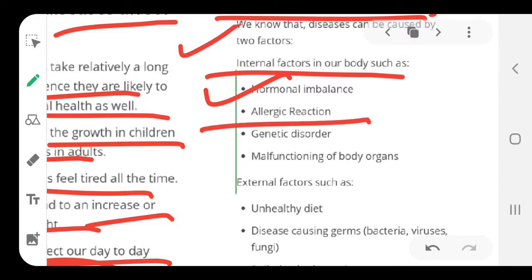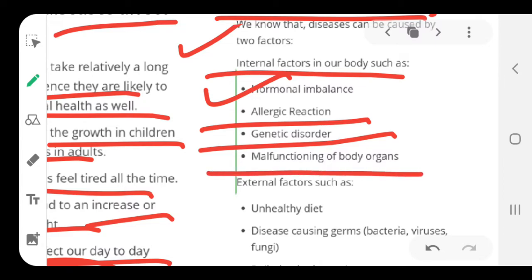Then allergic reactions, some of you may be asthmatic, that is again a dust allergy, and there are a lot of allergies. Then genetic disorders that pass through the genes from our parents. Then of course, the malfunctioning of body organs, that means heart failure or kidney failure or any type of thing where the organ fails to perform its function.